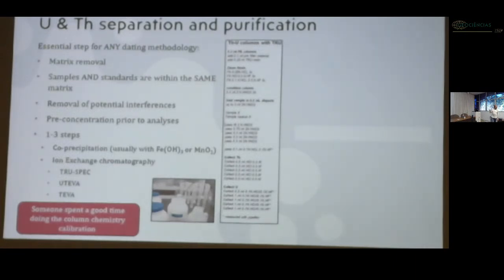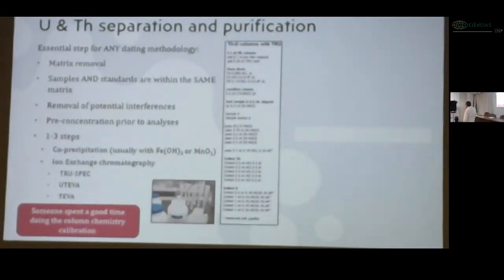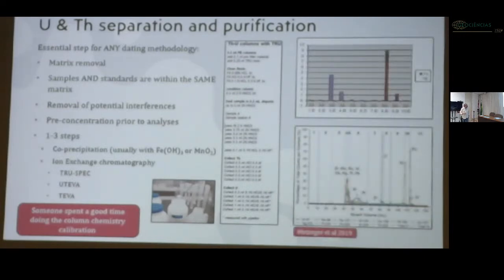One of the things that I need to tell you is that sometimes when you go to a lab, you'll say, oh, you just follow this procedure and, as they say, Bob's your uncle. The thing is, someone spent a fair bit of time actually getting the uranium and thorium separation. And this is how these calibration curves actually look. This is from my lab, this is from another paper.